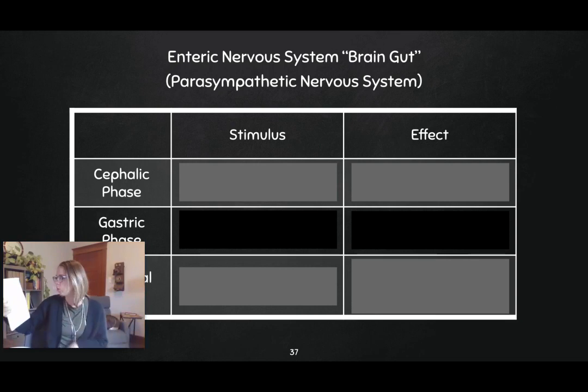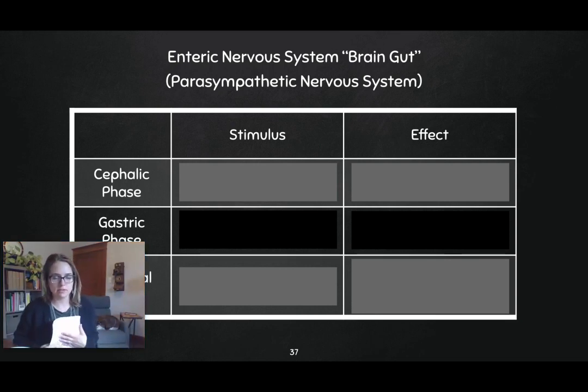We get down to the autonomic nervous system, so all those things that are automatically controlled, and then you have your sympathetic, the fight or flight, or the parasympathetic nervous system. And if you can remember, parasympathetic means rest and digest. And so this parasympathetic nervous system is what controls your digestive functions. So normally when you are at rest and you're not stressed, your digestive system should be running off of the parasympathetic nervous system, or on its own, because it has its own nervous system. All right.